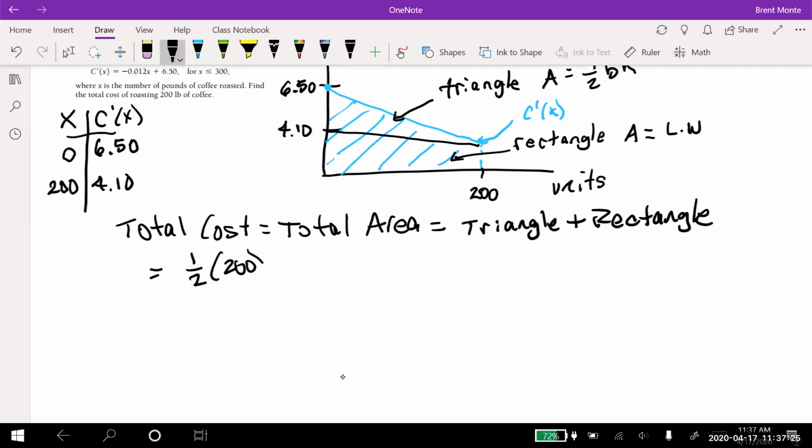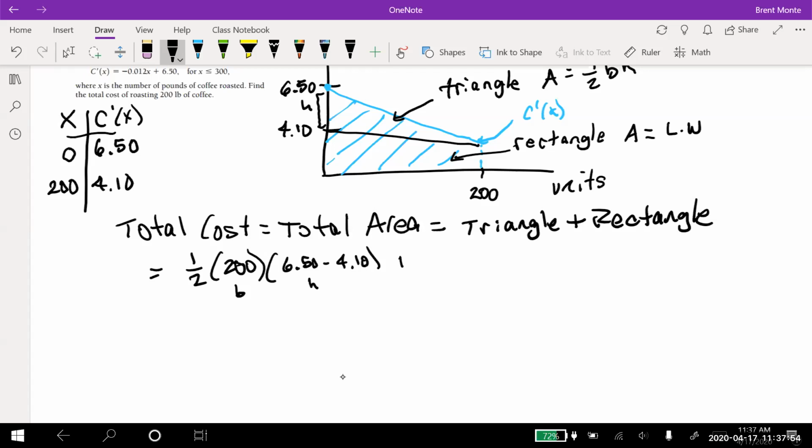We'll put these in parentheses instead of putting an X there so you don't think it's a variable. So it's 1/2 the base times the height. Well, the height is just this piece right here. That's the height of the triangle. Well, that's 650 or 6.5 minus 410. That was the height. So this was the base, this was the height.